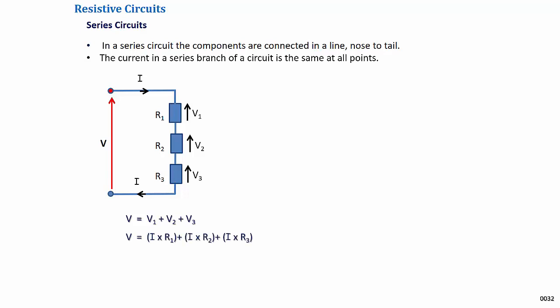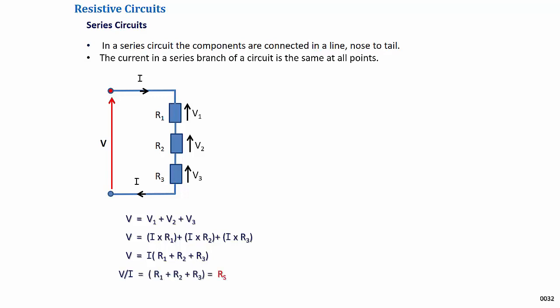Applying Ohm's law and substituting for V1, V2, and V3, V equals I times R1 plus I times R2 plus I times R3. Taking out I as the common factor, V equals I times (R1 plus R2 plus R3).